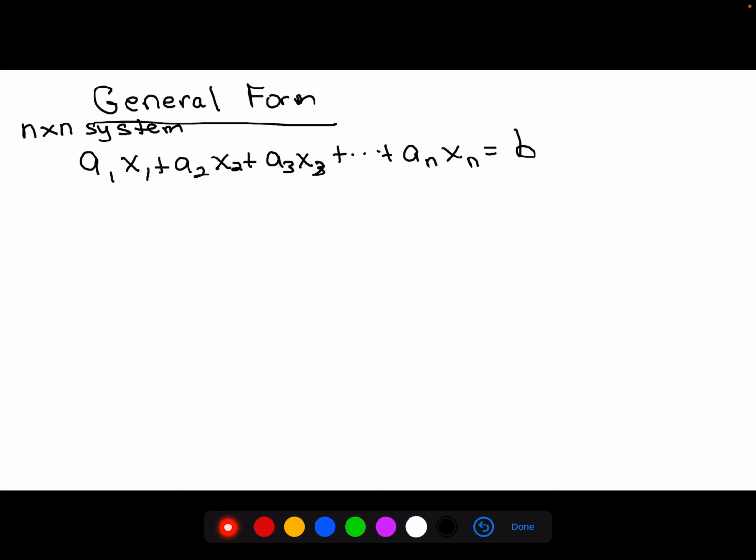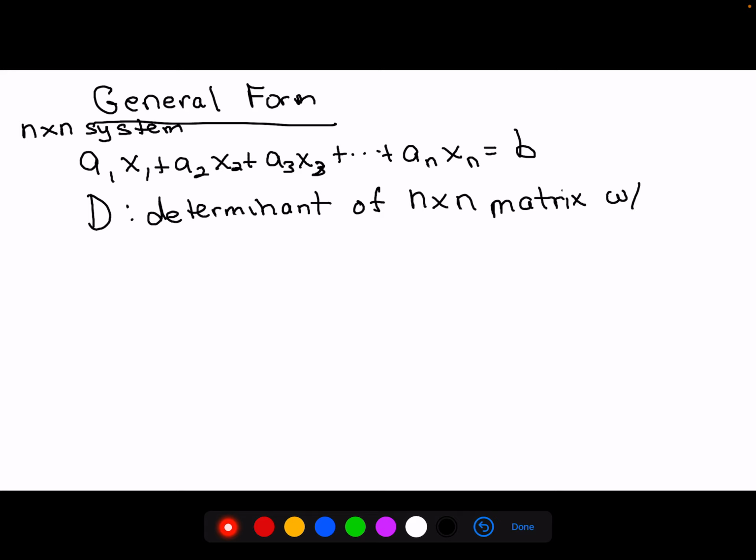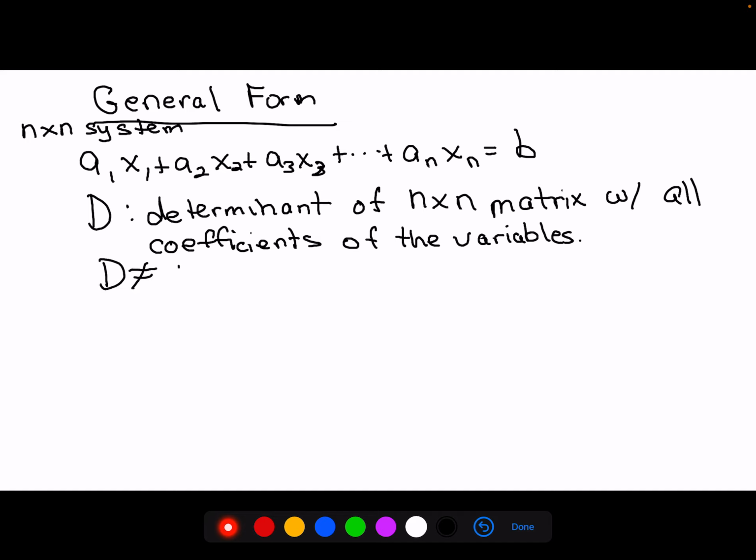As long as you have those, D is the determinant of the n by n matrix with all the coefficients of the variables. And then we know D can't be 0.